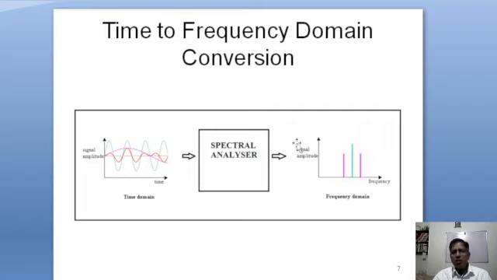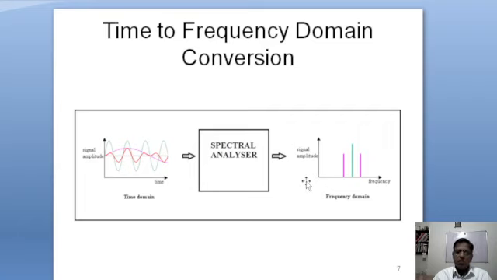Now how to convert it? We have already seen how a signal looks in the time domain as well as the frequency domain, and to convert the signal from time domain to frequency domain we require a spectral analyzer. So by using a spectral analyzer we can convert the signal from time domain to frequency domain.